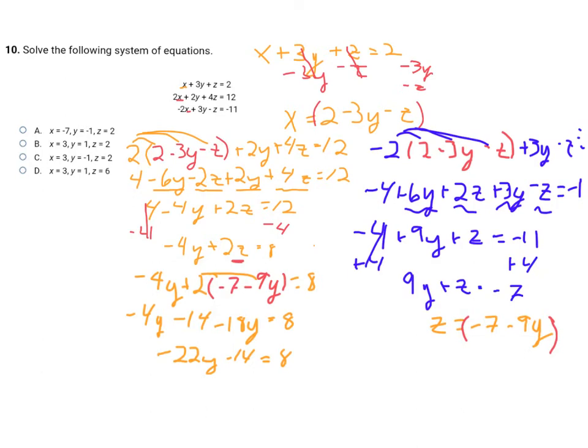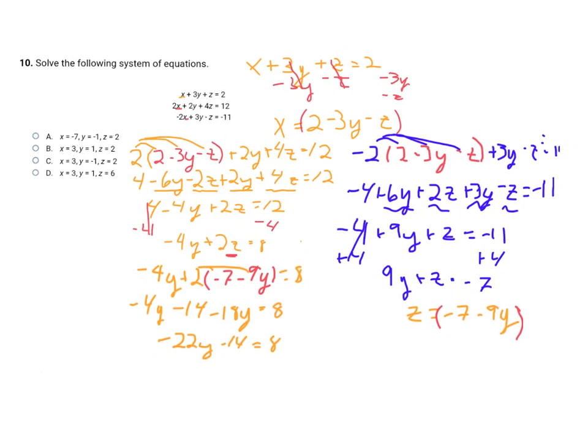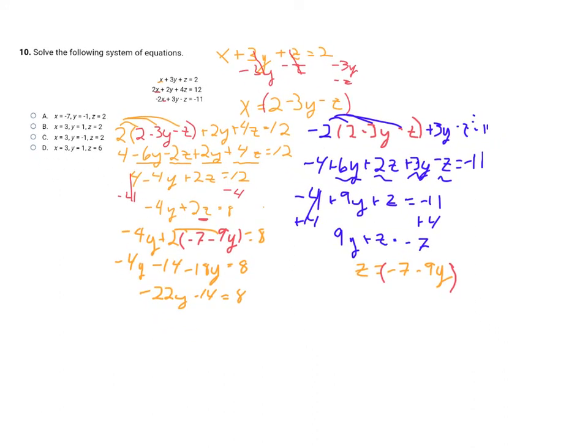I'm going to add 14 to both sides, and that's going to leave me with -22y equals 22. Then I'm going to divide both sides by -22. And so then y is going to equal -1.